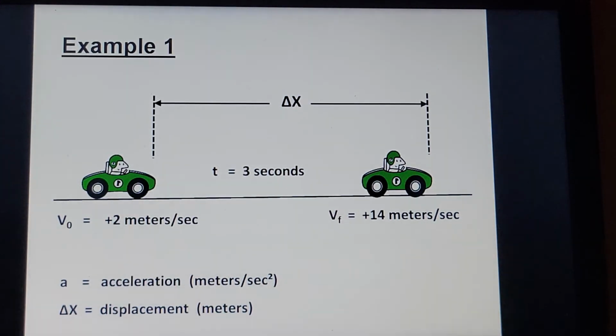So his initial velocity is a positive 2. Final velocity is a positive 14 because he's traveling in the positive direction. Our displacement is shown there as delta x, the change in location of the car during that 3 seconds.